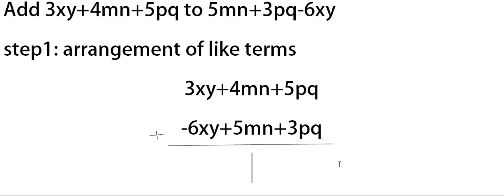Now 3xy minus 6xy. 3xy does not show any sign here, so it is plus. So plus 3 minus 6. How much is plus 3 minus 6? Remember, in algebra, plus minus is always minus. Plus minus is always minus. So plus 3xy minus 6xy will be 6 minus 3, that is 3xy.